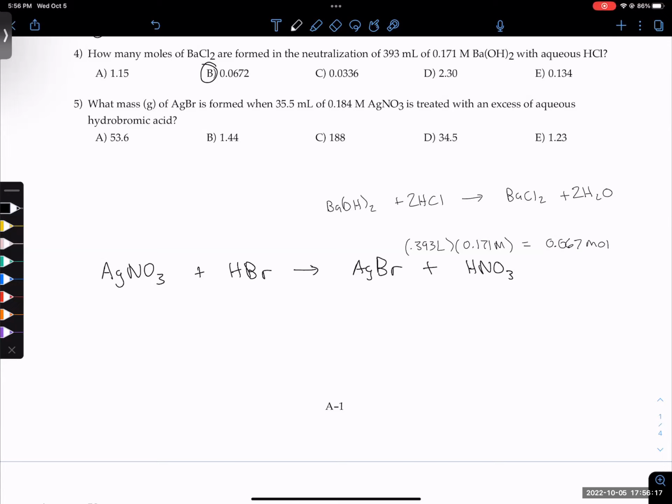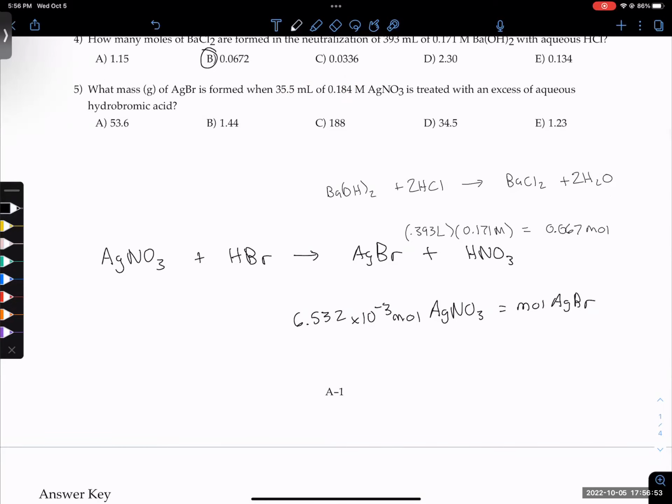So 0.0355 liters times 0.184. And then now we need to multiply this number, 6.532 times 10 to the -3 moles of AgNO3, which is equal to the moles of AgBr. Again, I got this number by converting to liters and then multiplying.